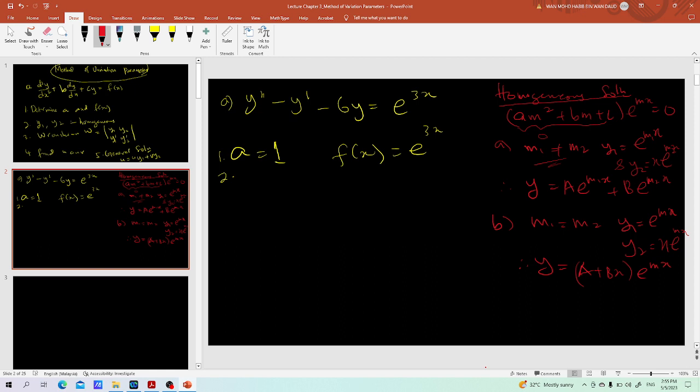Okay, and then the third case is a complex number. Let's say m1 equals alpha plus beta i, m2 equals alpha minus beta i.